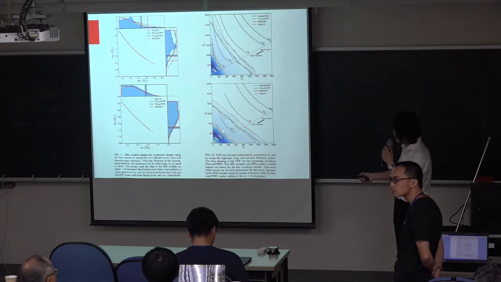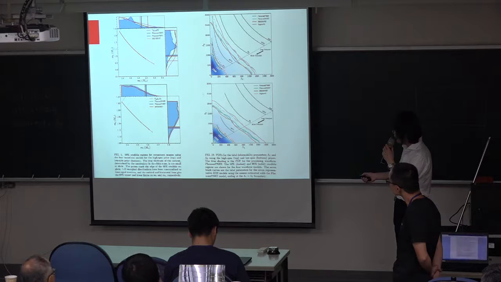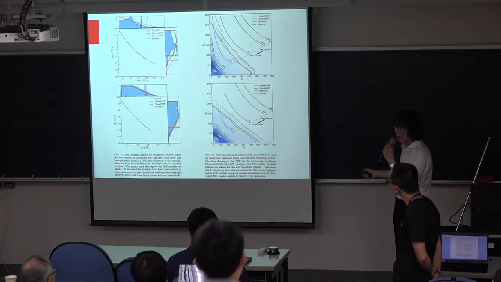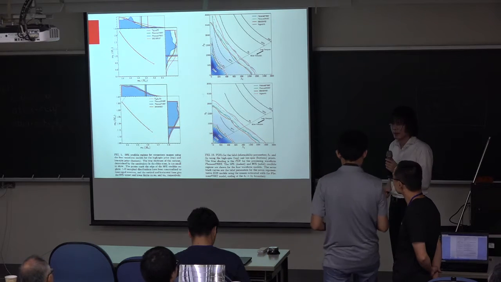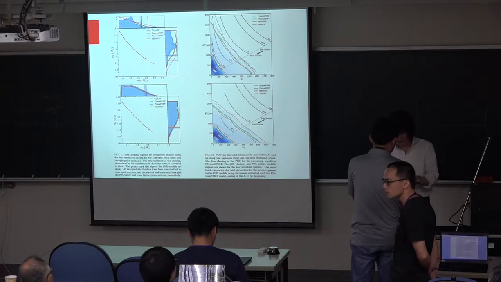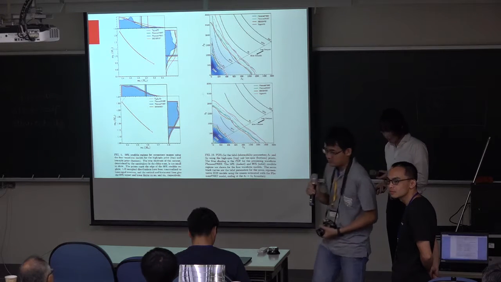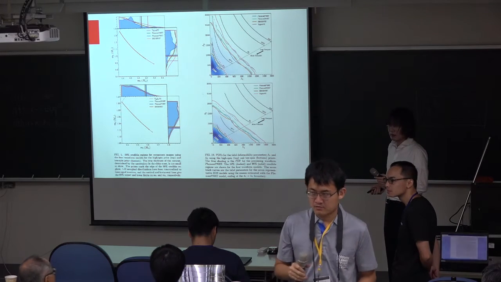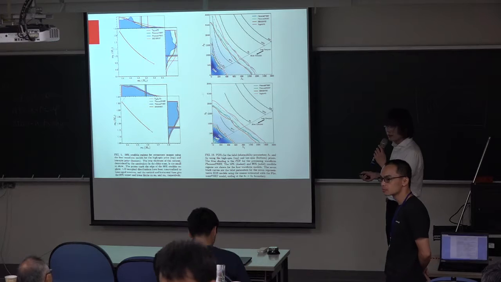Only this part is allowed by this experiment. That means although we only have one data point here, already a lot of the known models are ruled out. So those are ruled out already by the gravitational wave data? Yeah. Oh, I see.